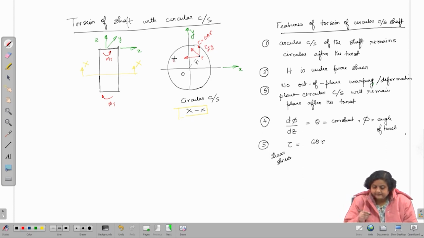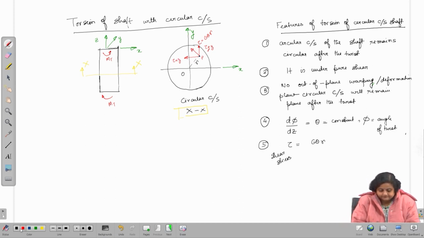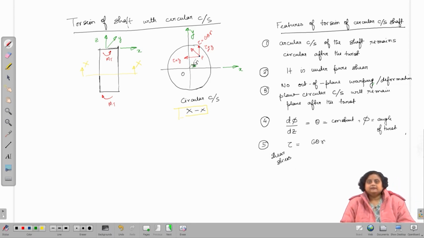Similarly, the one in the x direction can be written as tau xz, following the same nomenclature. Let this angle be alpha.